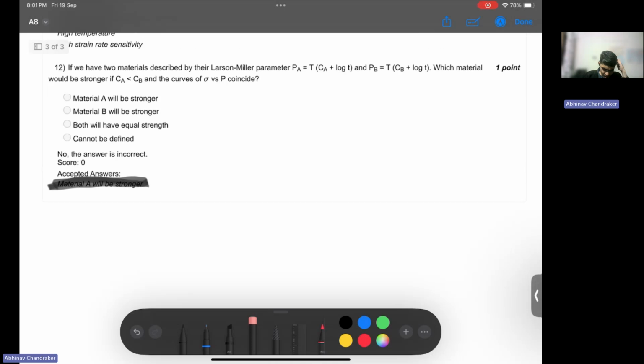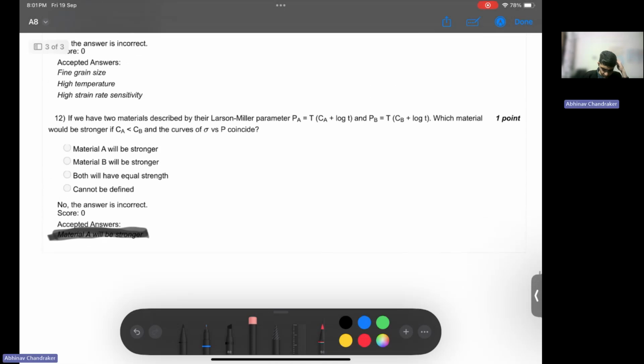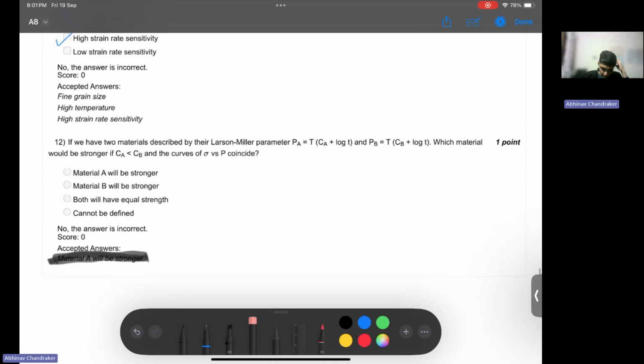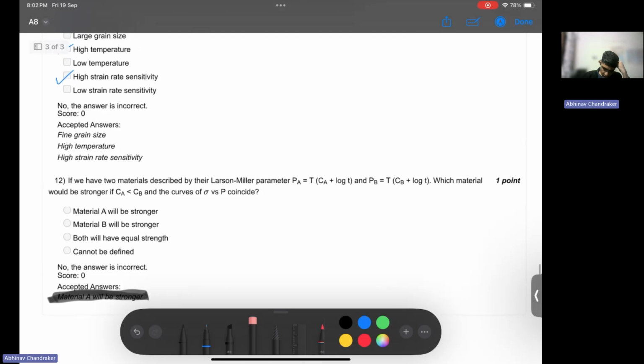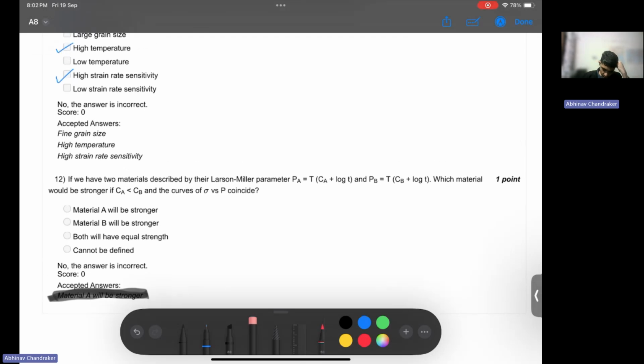Last question. This is about the LM parameter, which we have not discussed yet. You have two materials, their LM parameters. Which material would be stronger if Ca is less than Cb and the curves of sigma versus P coincide?